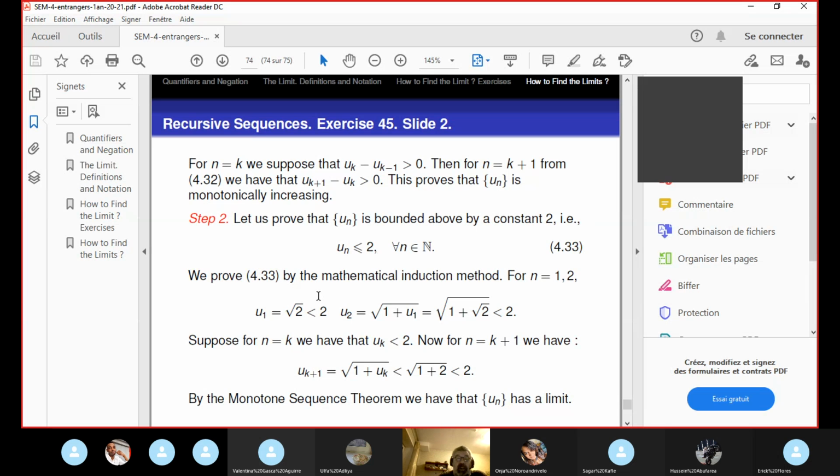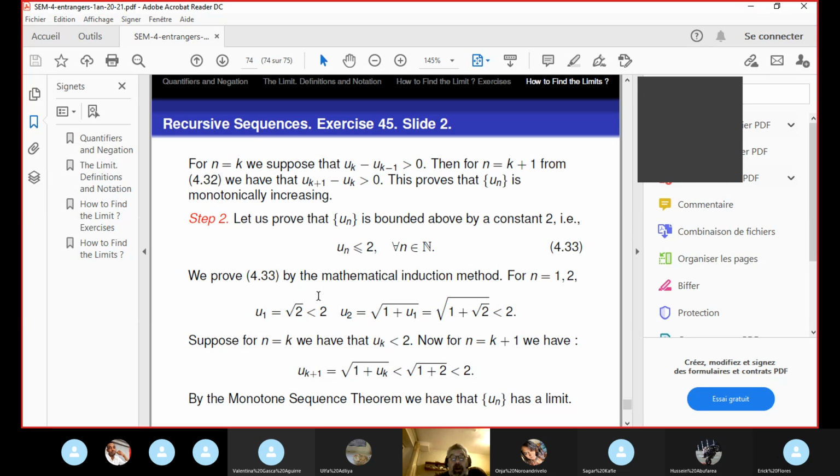Then by the method of mathematical induction, the hypothesis 4.33 is fulfilled. So it's good. Then what do we have?